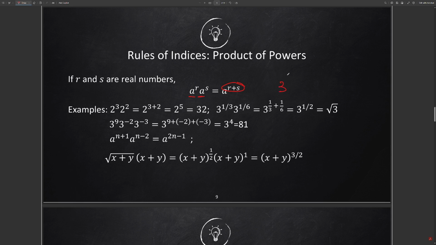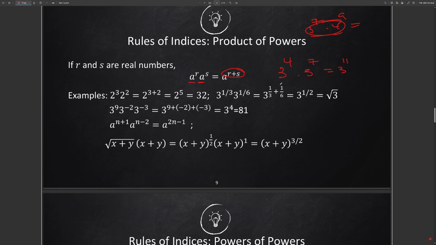So if I have 3 to the power of 4 multiplied by 3 to the power of 7, that is obviously 3 to the power of 11. But if I have 3 to the power of 7 multiplied by 4 to the power of 9, I can't add this because the bases are not the same. 3 and 4 is not the same thing. Right? So the a's have to be the same. The bases must be the same. That's what this is telling me here.